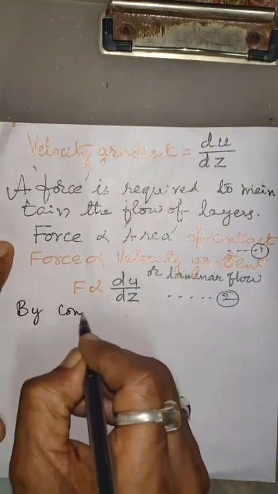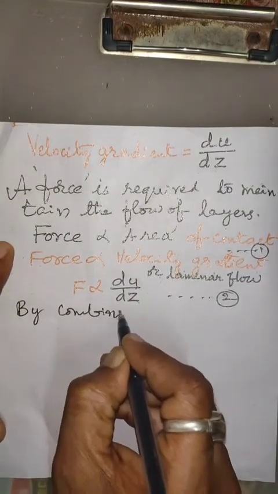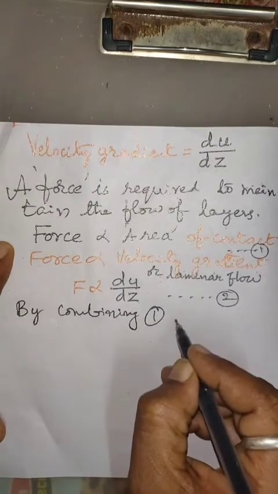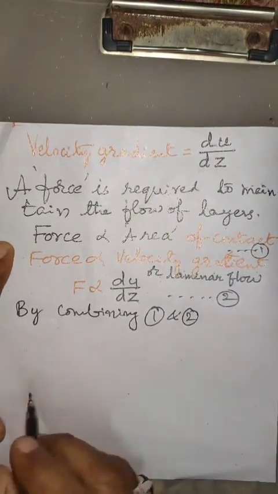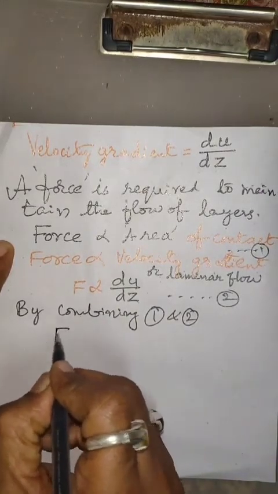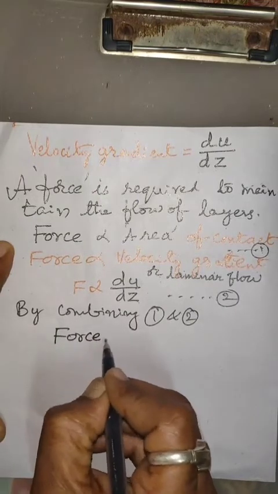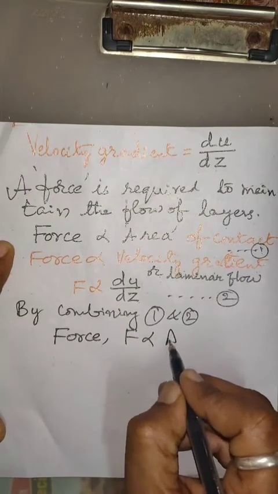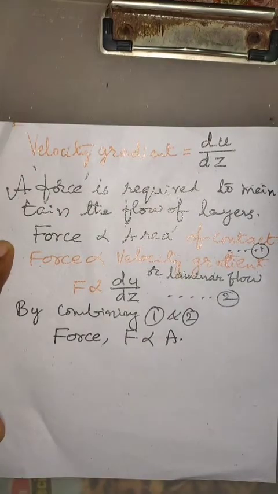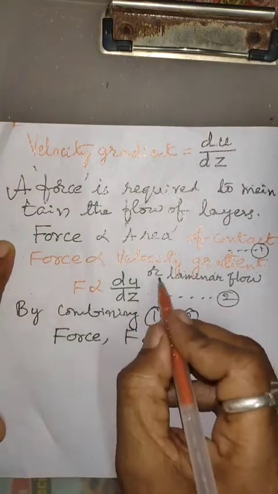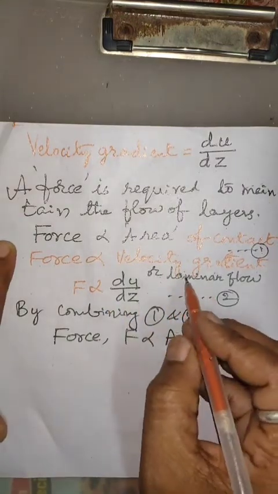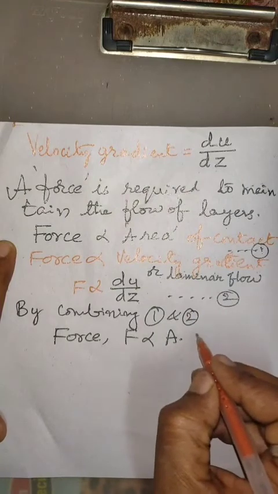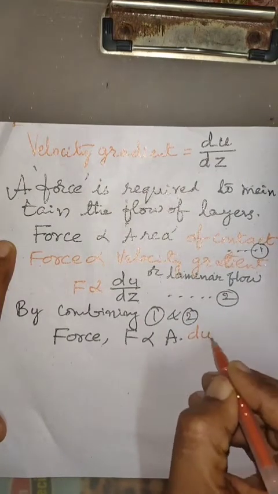By combining 1 and 2 equations, we got force F is directly proportional to area of the contact, and also directly proportional to velocity gradient or laminar flow, that is du by dz.